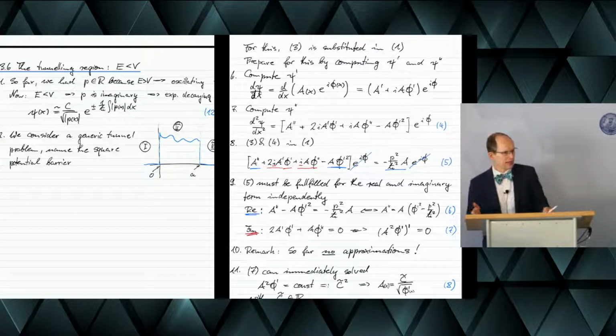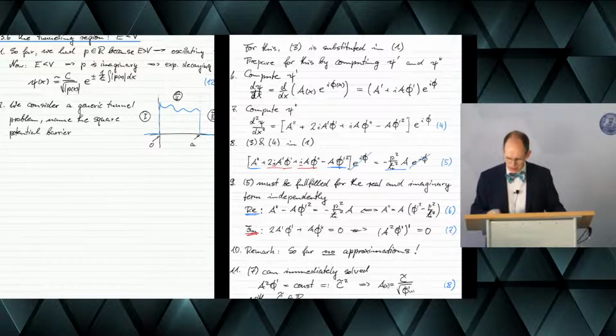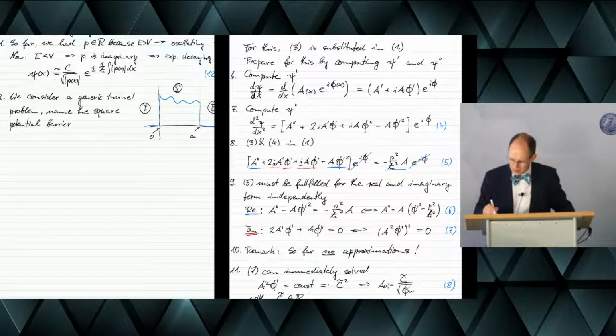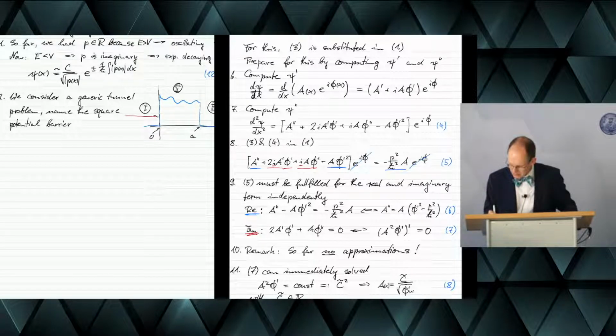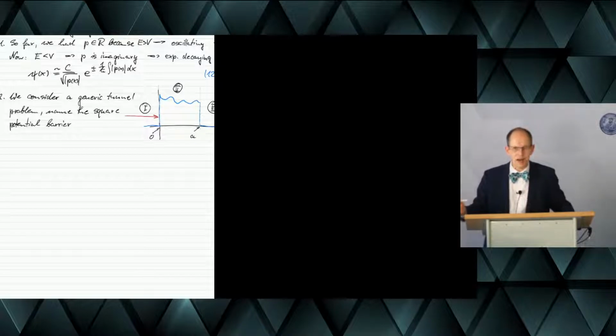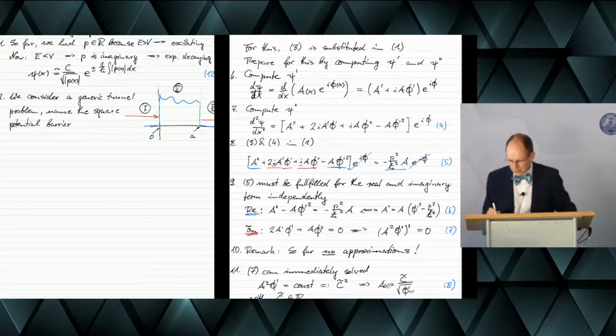We made this ansatz of a plane wave and plugged it into the Schrödinger equation and found that it is fulfilled. So what will be the solutions? Let's assume that we have an incident matter wave, incident psi, here in region 1. Then it's clear that something will tunnel, and we get something over there. But also, we know that something will be reflected.